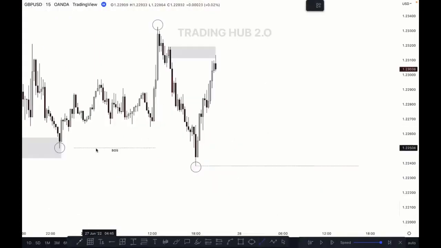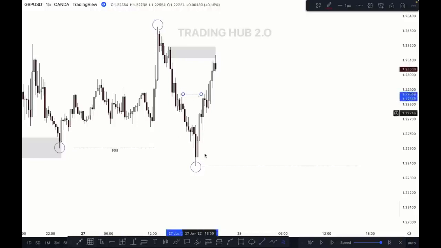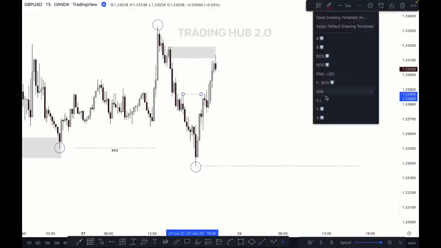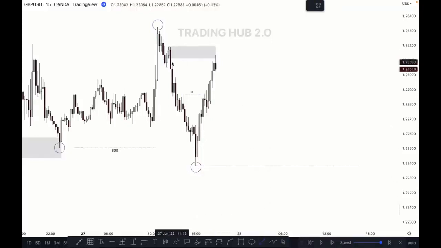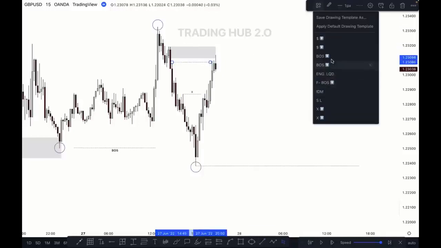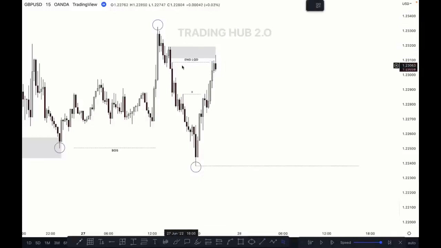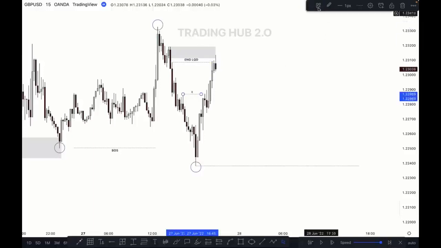In this case the market breaks the structure, and our first inducement is here. After taking out this high, this low is confirmed. And after taking out this high, where is our engineering liquidity? On the extreme, here, and this is called our engineering liquidity, right? So this will be our engineering liquidity and this is our inducement.